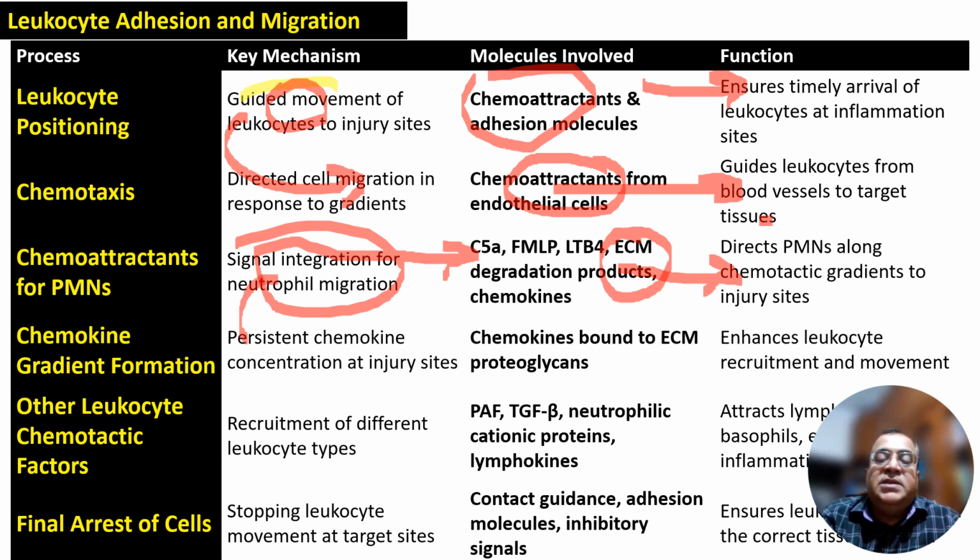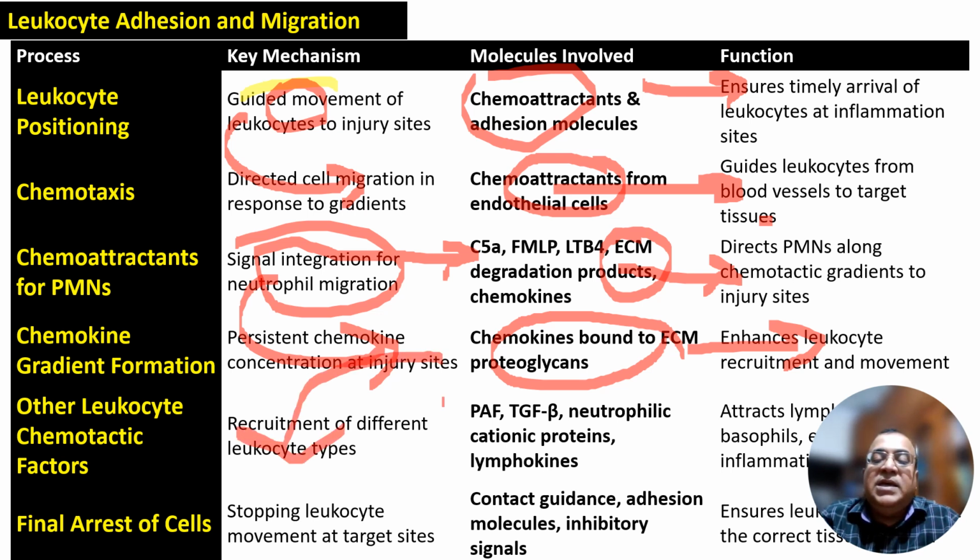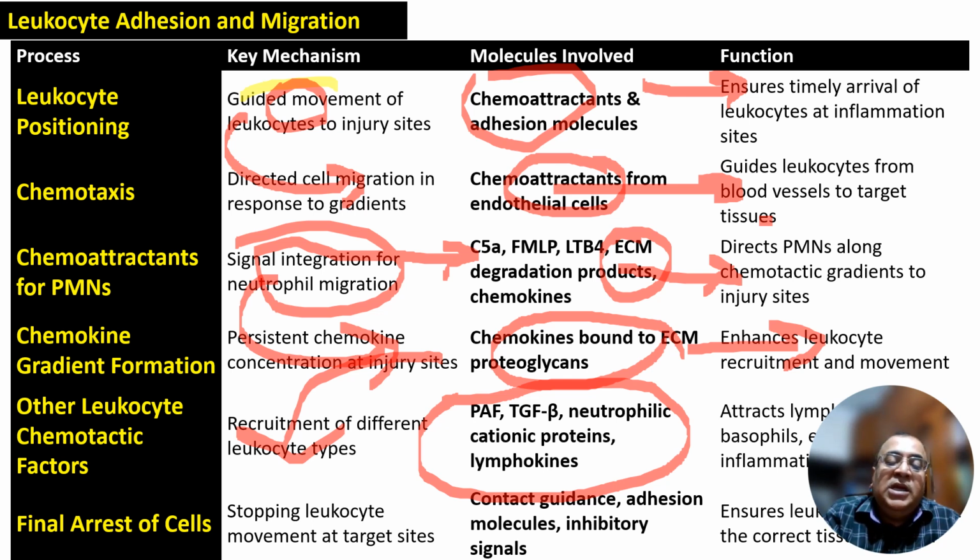Then there is persistent chemokine concentration at the site of the injury, and these chemokines are bound to extracellular matrix proteoglycans that enhance the leukocyte recruitment and movement. The recruitment of different types of leukocytes is achieved by various molecules such as platelet activating factor, transforming growth factor beta, neutrophilic cationic protein, and lymphokines that attract lymphocytes, basophils, and other types of inflammatory cells.